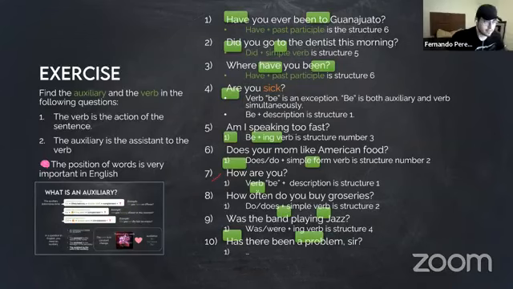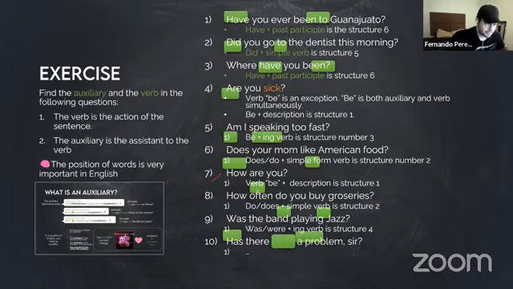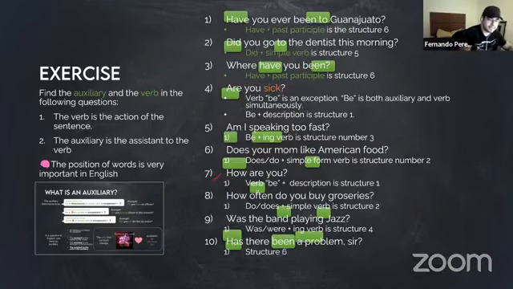The auxiliary has. Perfect. There you have it. As you can see, exactly, you are correct. Structure 6, similar to number 1, number 3. And this is in the structure handbook.